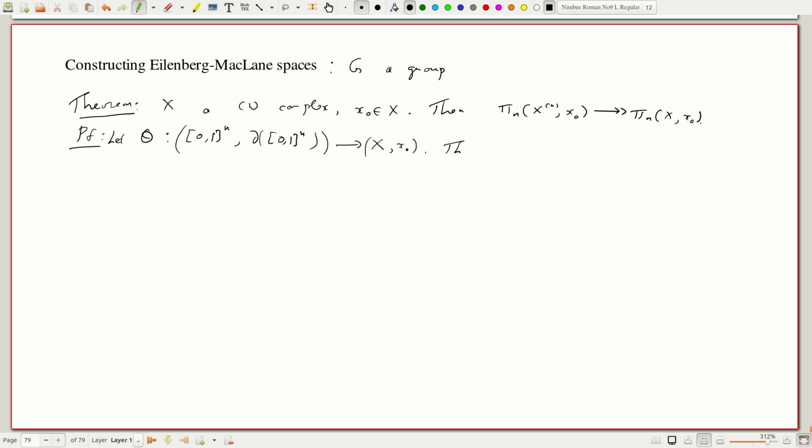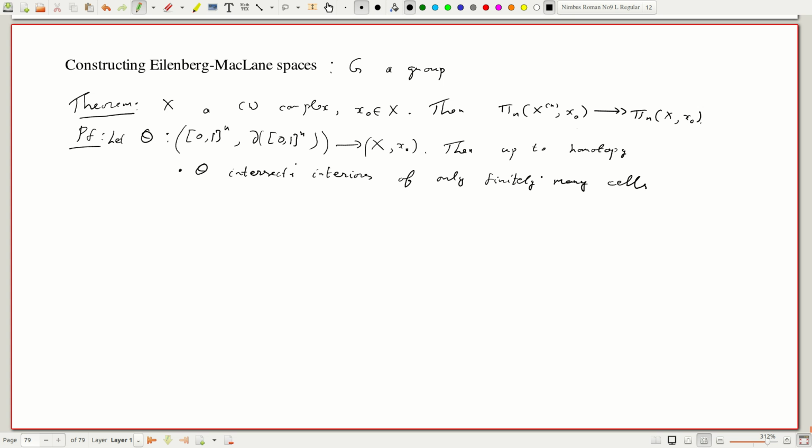Up to homotopy, first of all, theta intersects interiors of only finitely many cells. If you recall, this is what we did by claiming compactness.